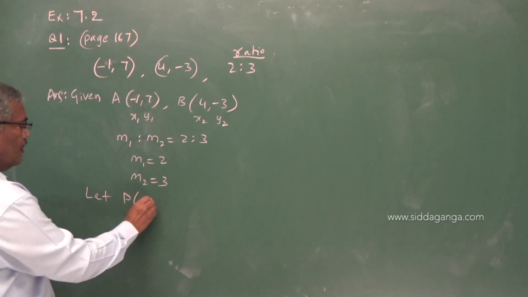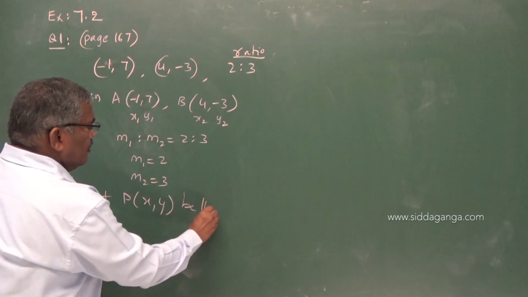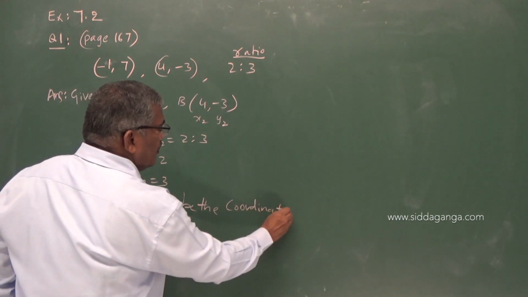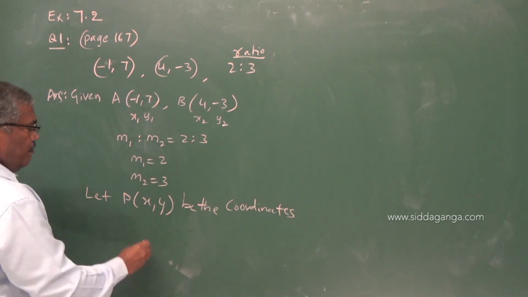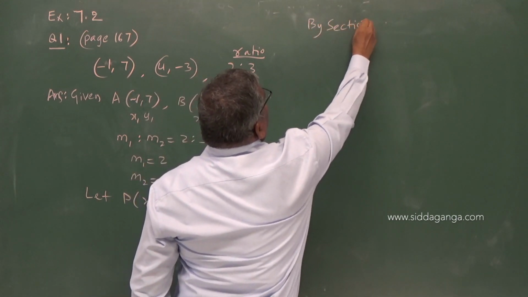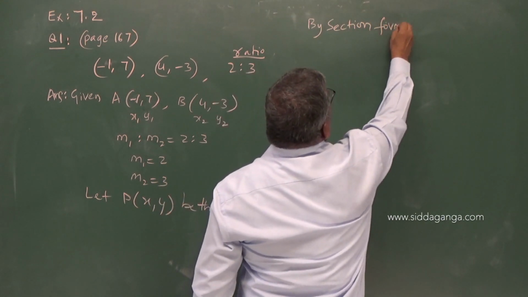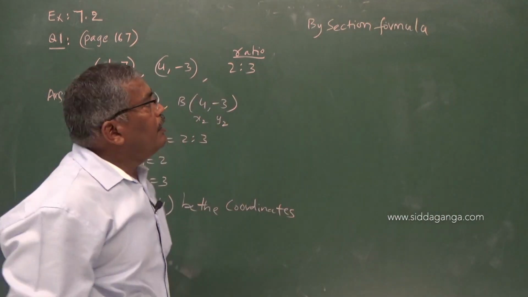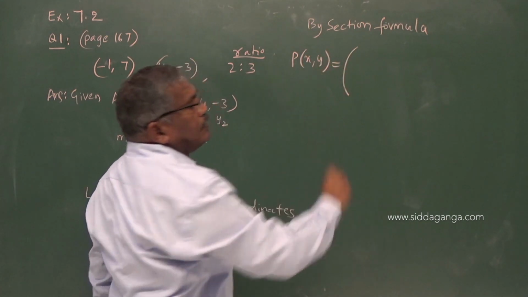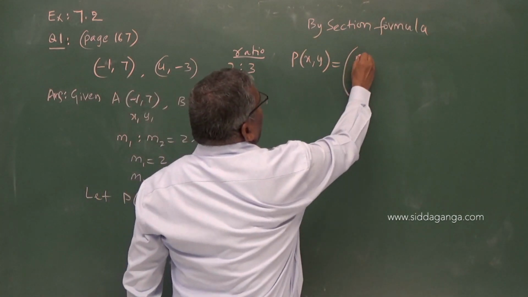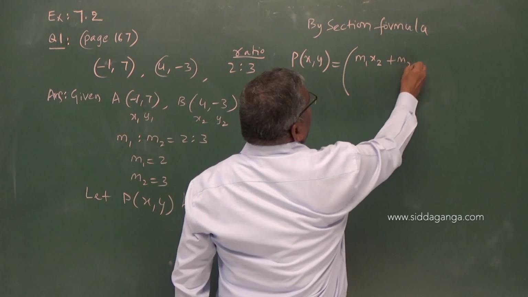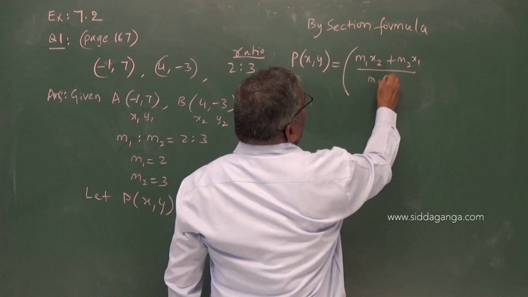Let P(x, y) be the coordinates. So therefore, by section formula we have P(x, y) equals (m1 x2 plus m2 x1) divided by (m1 plus m2).